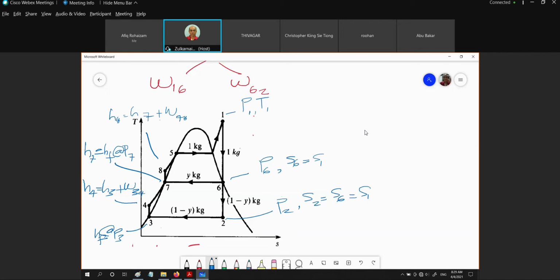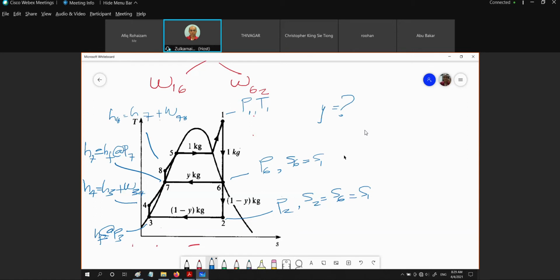Okay? If you look at the equation, there's one more parameter that we need in order to get the thermal efficiency, to get the SSC, which is the Y value. Okay, the Y value. If you want to get the Y value, then you need to look at the schematic diagram.